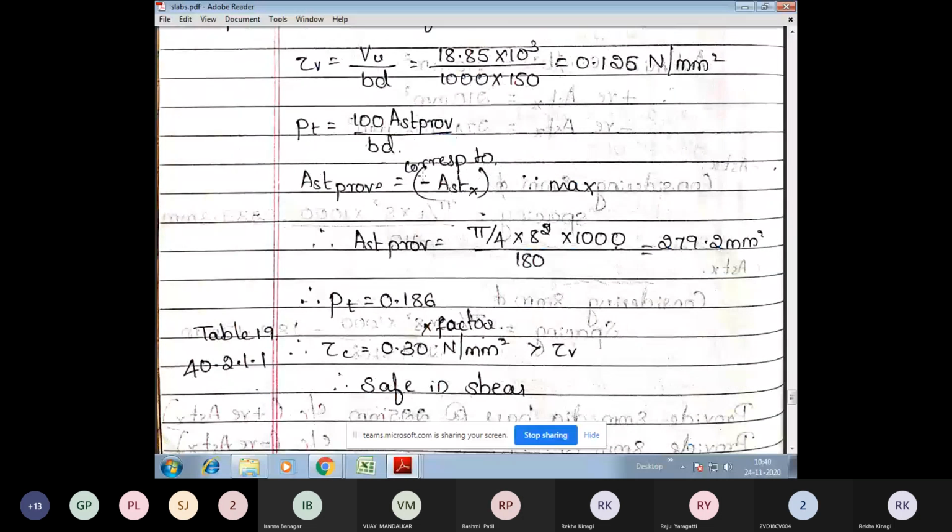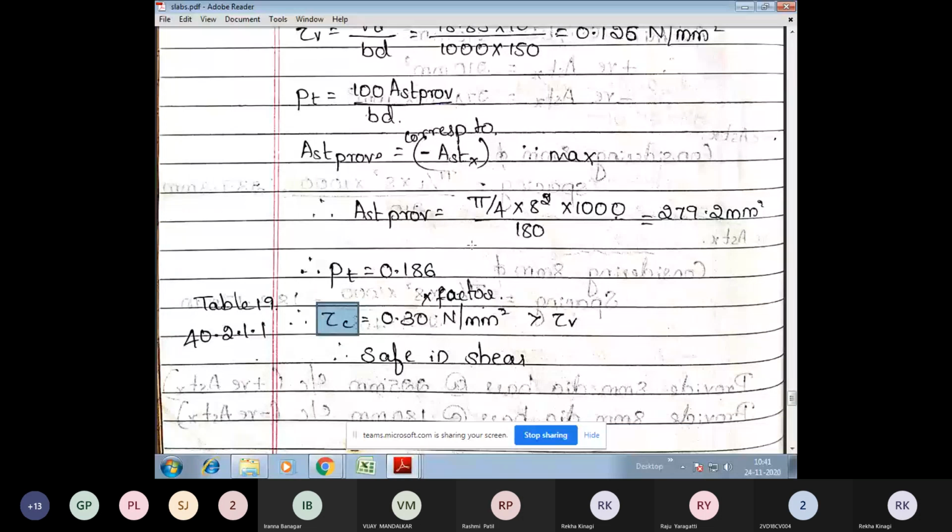Corresponding to negative ASTX, we can find out AST provided and get the value of PT, that is 1.186. Corresponding from table 19, we see 0.3, and this K into tau C value is more than tau V because tau V is 0.125 Newton per mm square. Hence, we can say that no shear reinforcement is required and the design is safe in shear.